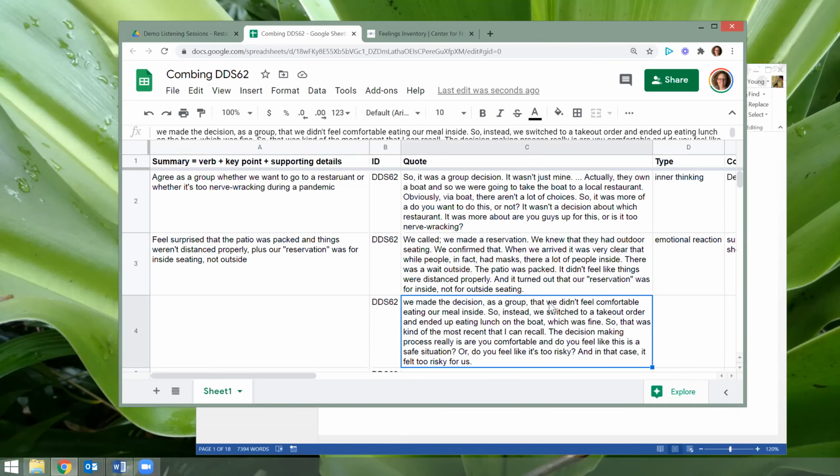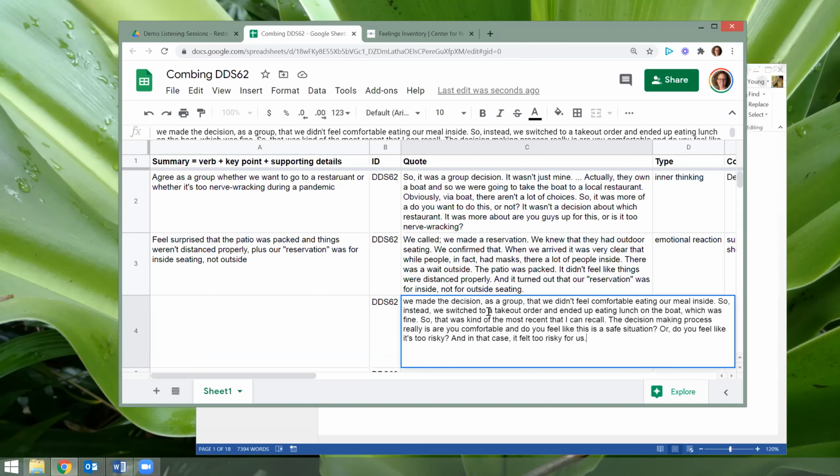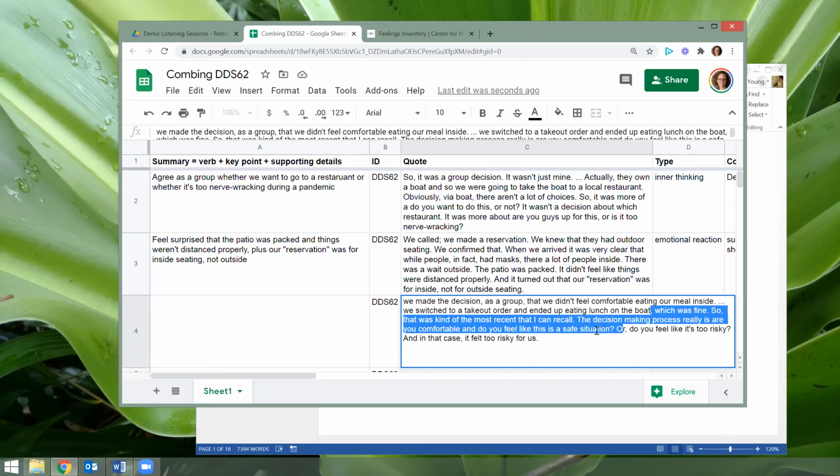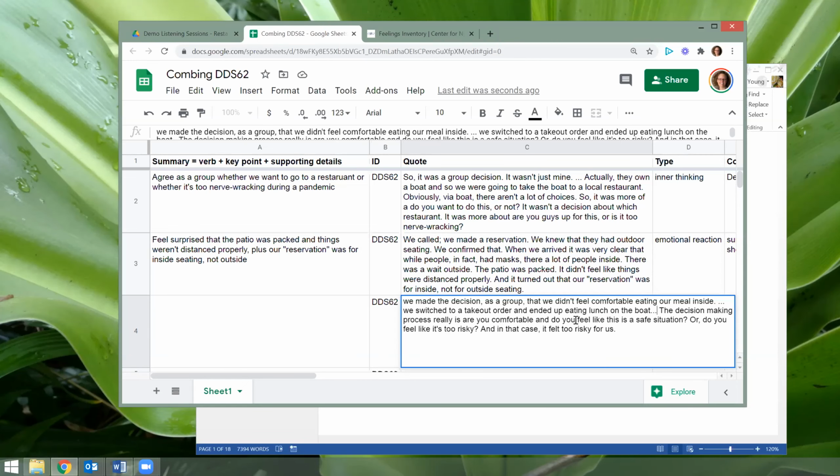We made the decision as a group that we didn't feel comfortable eating our meal inside. Oops, give me that. And then I just do a little snipping stuff out. We switched to takeout order. Kind of the decision, reason. Yeah, okay. We don't need that.